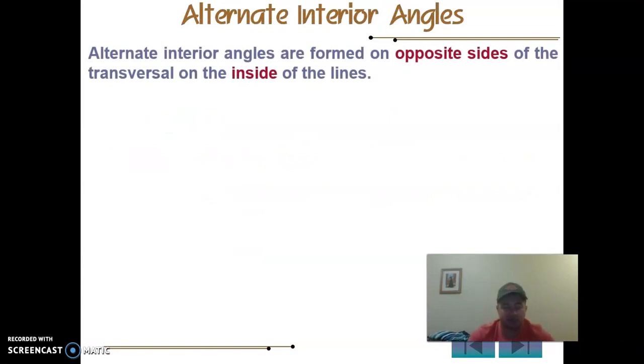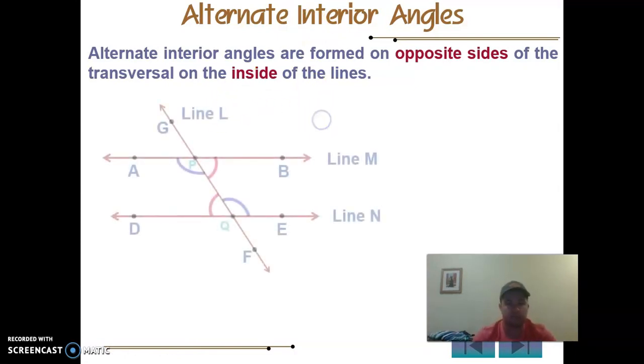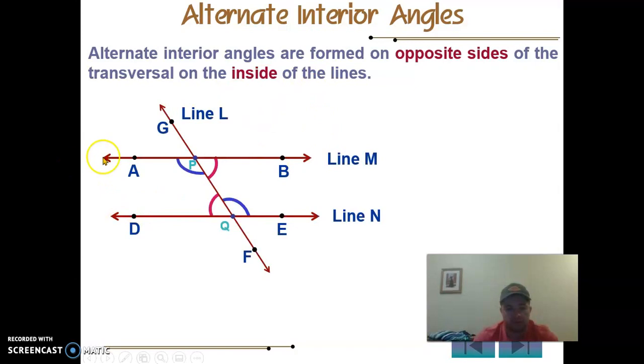Now we have this other term called alternate interior angles. And when I think of the word interior, I want you to look. See right here? Inside. When you think of alternate interior angles, I want you to think of the word inside. So, here's my transversal. Remember, two lines and a line that crosses it.